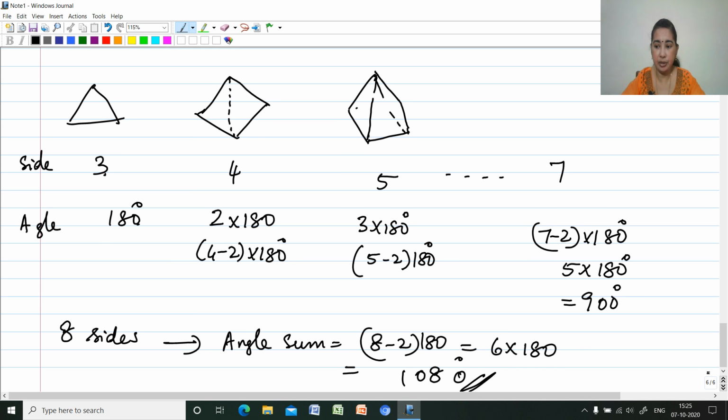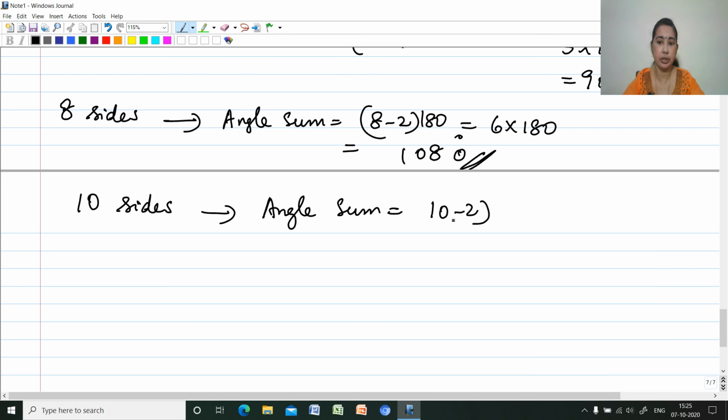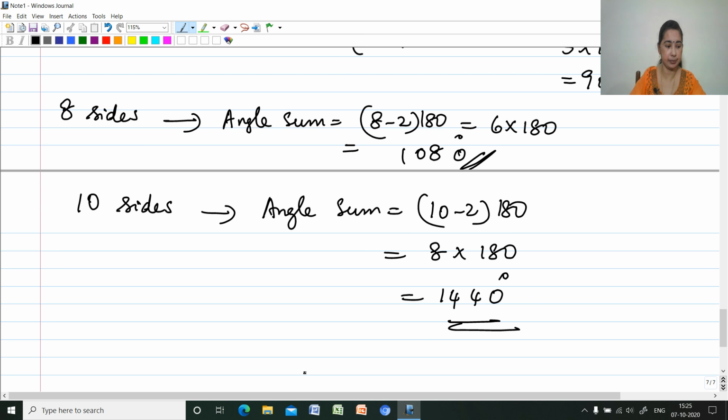Similarly, for a 10-sided figure, the angle sum will be (10 minus 2) into 180, that is 8 into 180. 8 eights are 64, then 8 plus 6 is 14, so 1440 degrees. And if it is an n-sided polygon, the angle sum will be (n minus 2) into 180. That's the general case.